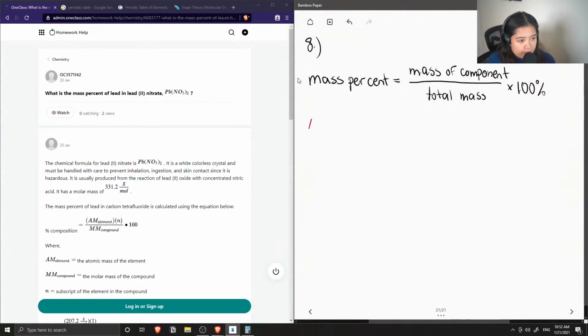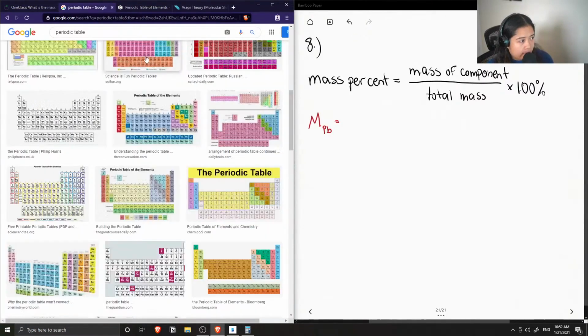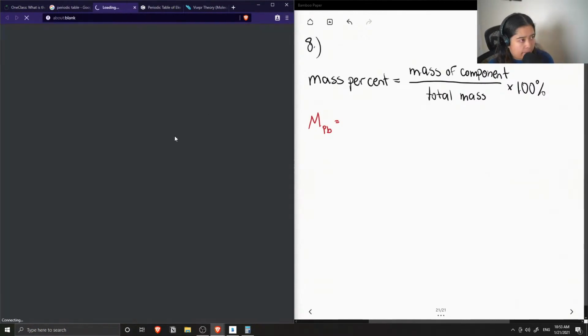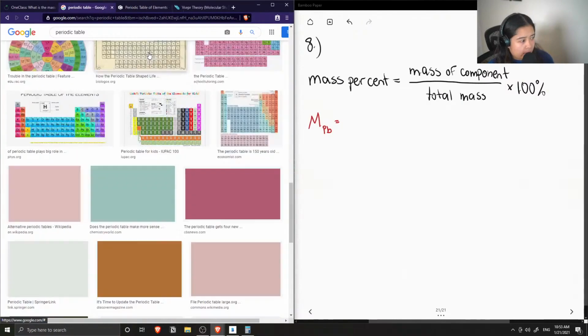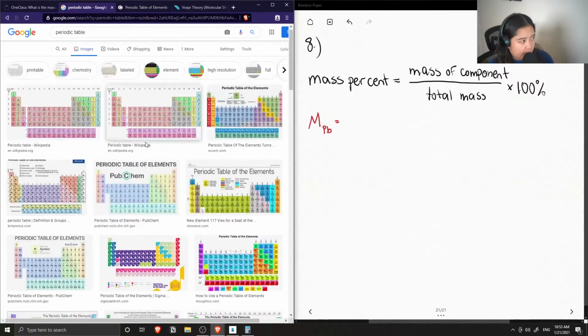So first, let's find the molar mass of lead, which can just be found on your periodic table. This one doesn't have it. Need a normal periodic table.